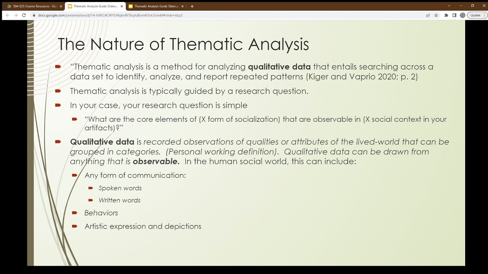So, at the core of this process, all you're doing is recognizing repeated patterns. This is something that, in all honesty, you do naturally just as a human being in this world. That's what humans do: they look at the world around them and try to identify what is going on around them by seeing what the patterns are. What is repeated? What are the trends?